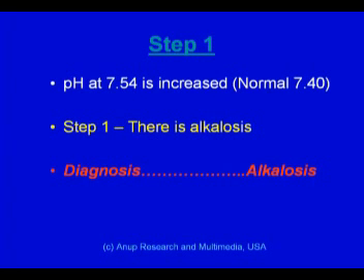Step 1 was to look at the pH, and if the pH is above 7.45 it is alkalosis. In this case the pH is 7.54, which is much higher than 7.45, so step 1 diagnosis is there is alkalosis. Because the pH is above 7.45 there is alkalosis.